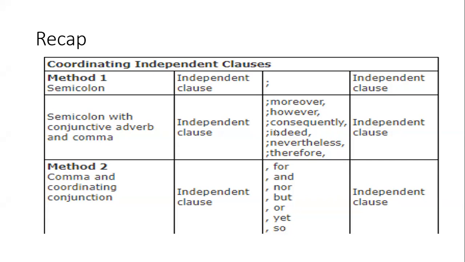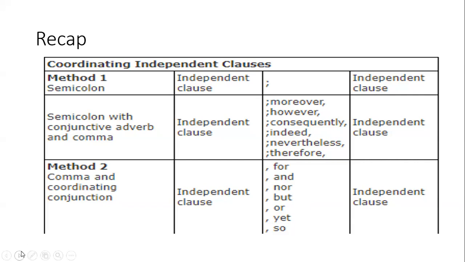The rule is very simple, isn't it? Next, method two, what did I teach you? Two independent clauses can be joined together using a coordinating conjunction. Wait a minute, not just that. We need a comma. So IC, comma, FANBOYS, IC. Remember, FANBOYS always come with a comma.